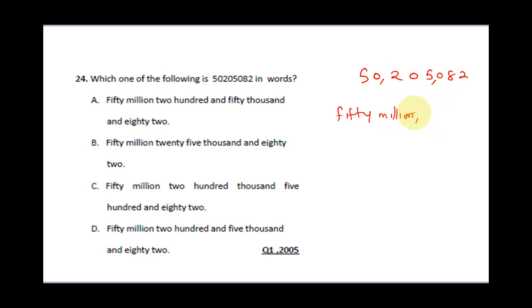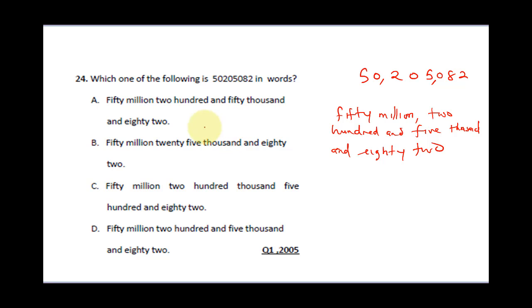Now this is going to be 205,000, then we'll have 82. Okay, so the first one says 52 million and 50.